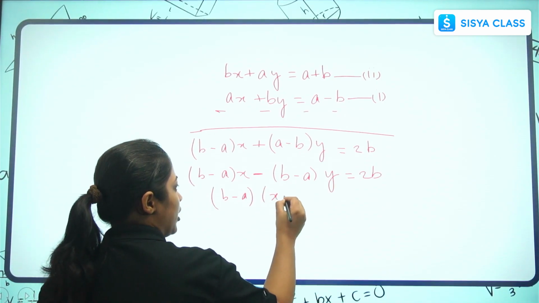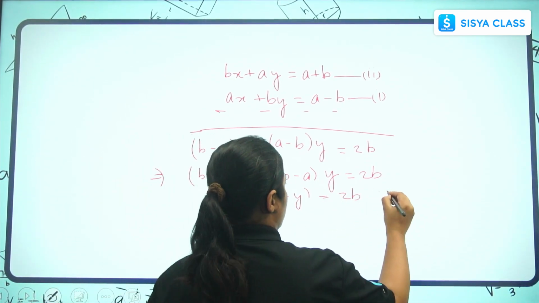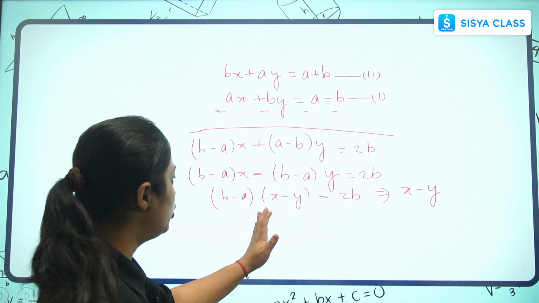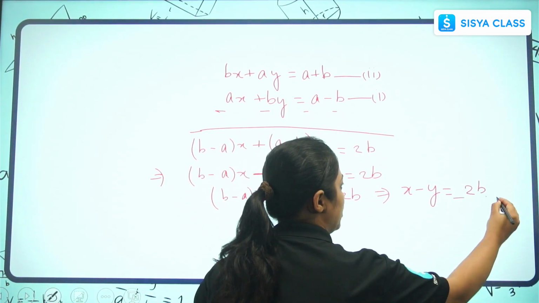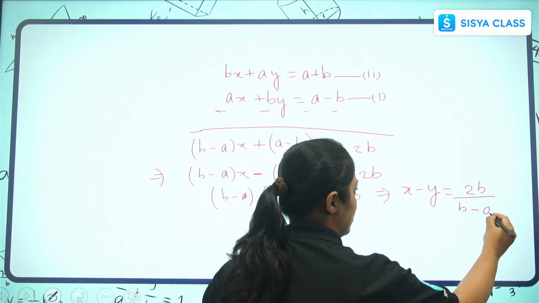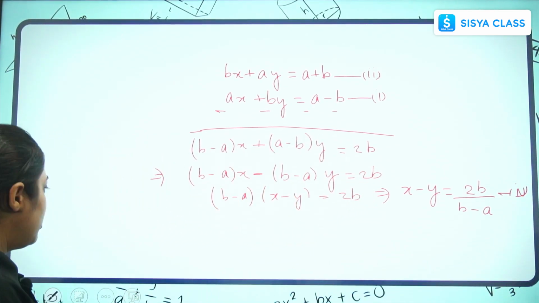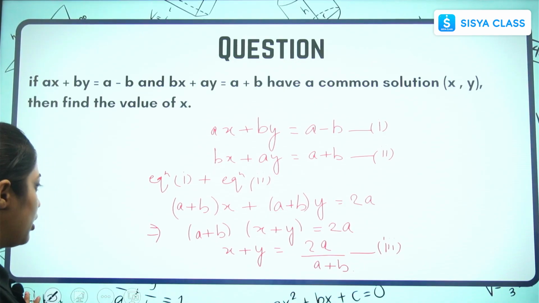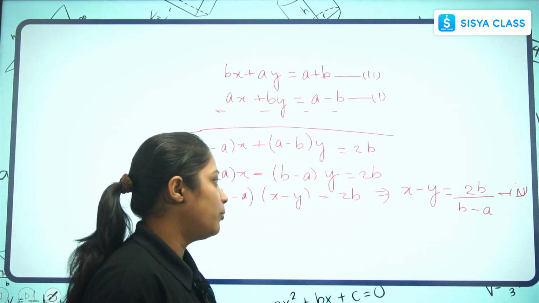So x minus y is 2b upon b minus a. Suppose this is your equation number 4. So equation number 3 was x plus y equal to 2a upon a plus b, and equation number 4 is x minus y equal to 2b upon b minus a.